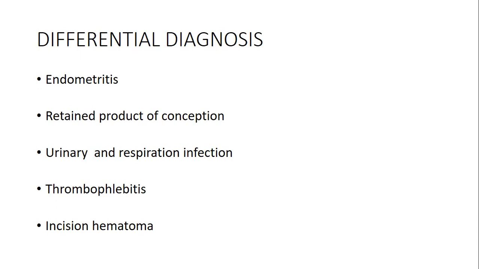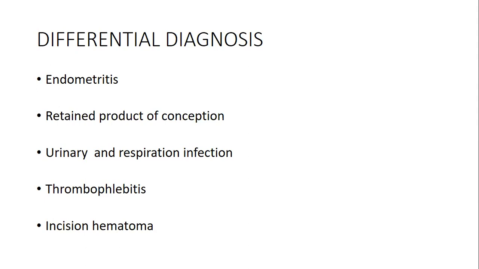Retained products of conception: sometimes you may not do an adequate job to evacuate all conception products from the uterus. Sometimes patients may also present with urinary or respiratory infection immediately after the post-operative cesarean section. Thrombophlebitis may also be due to thrombus within the vasculature, and this may also present in patients like that.